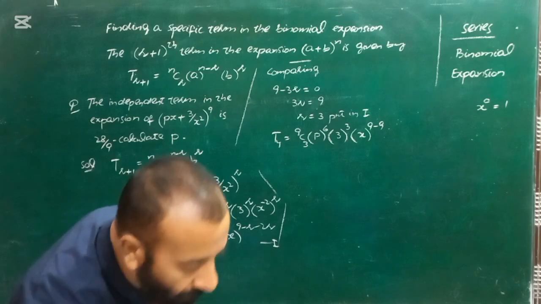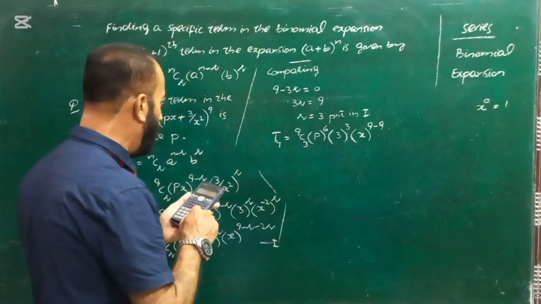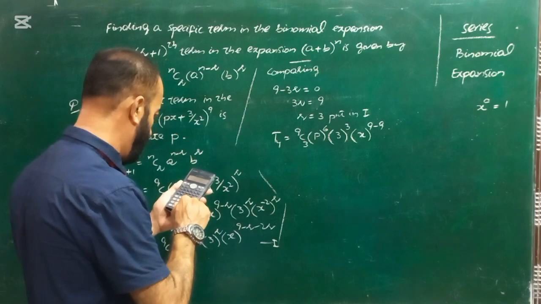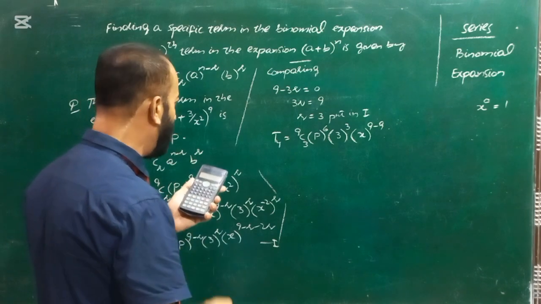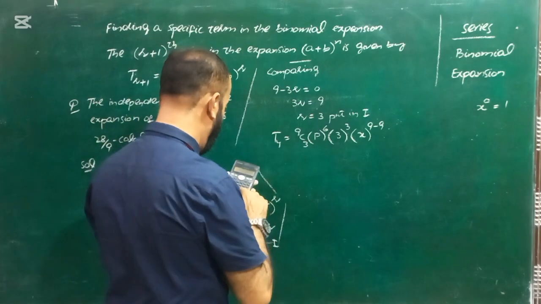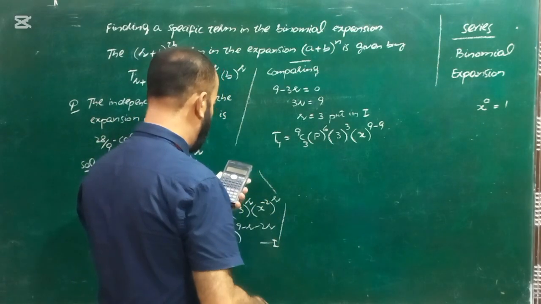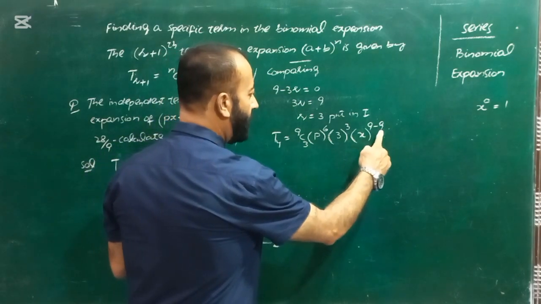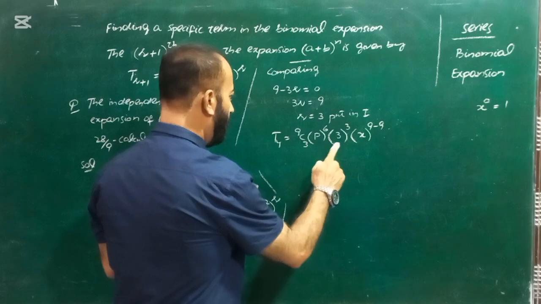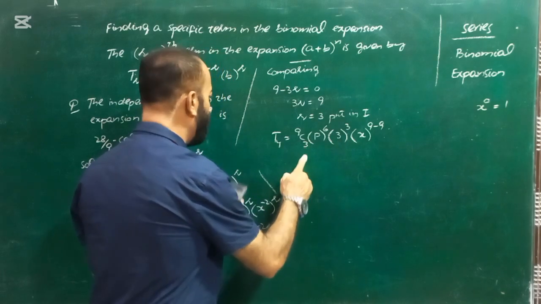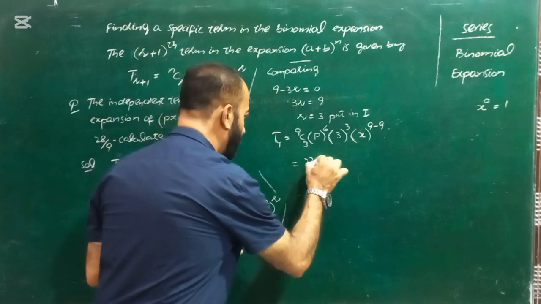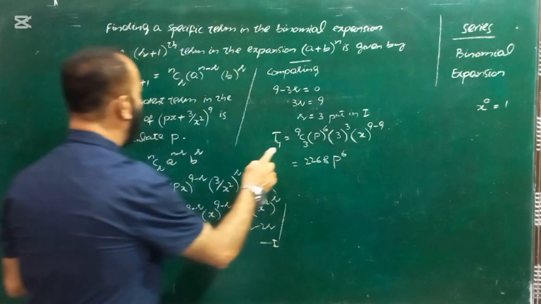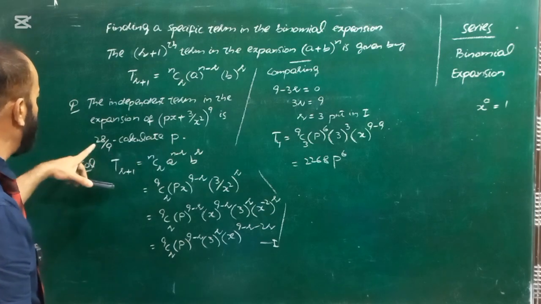So solving it now, 9C3 is 84 multiplied by 27. It is 2268. So it will become 1 because 9 minus 9 is 0, x raised to power 0 is 1. So multiplying this with this is 2268 p raised to power 6, and the term which is independent is 28 over 9.